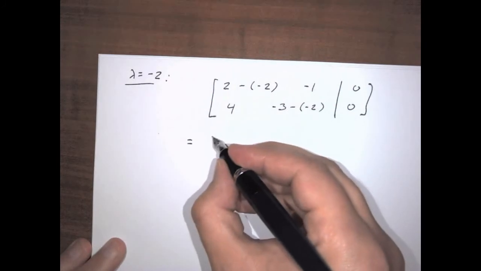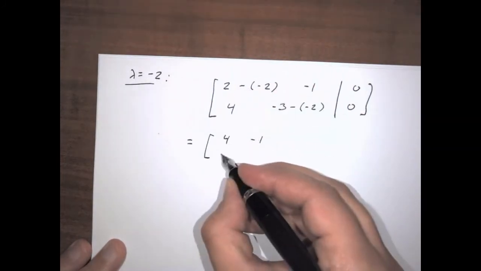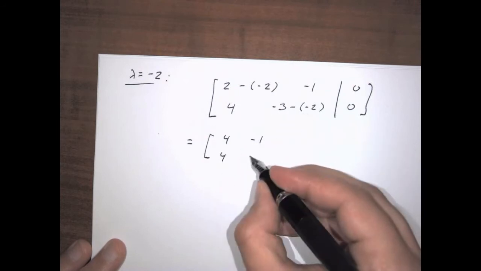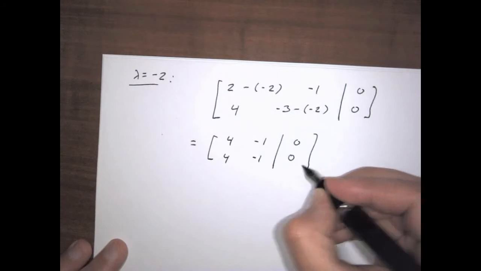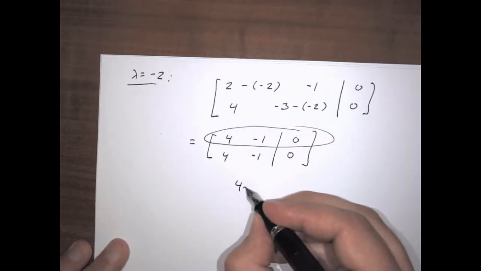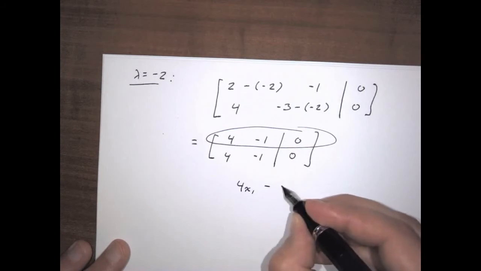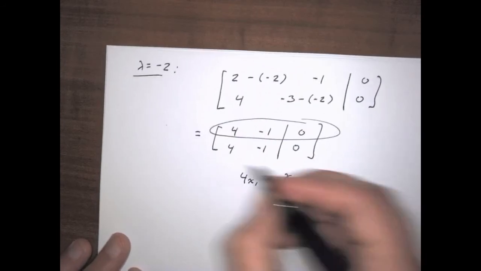So it's going to be 2 plus 2 is 4, negative 1, and over here we're going to have 4, negative 1. So we just take this one, and that means 4x1 minus 1x2 equals 0.